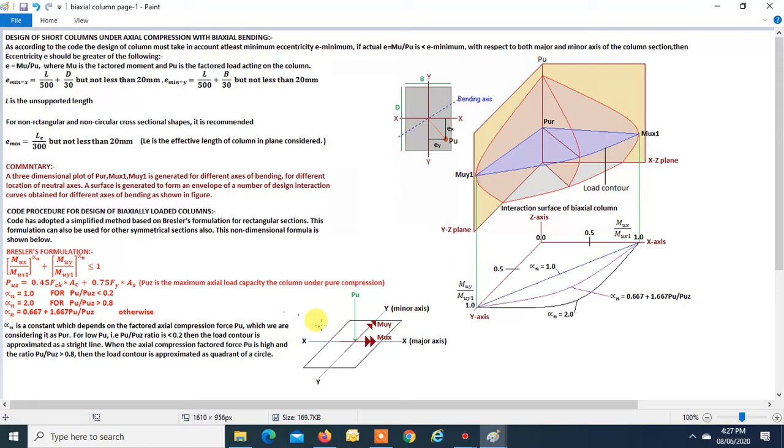This is the curve where alpha n is equal to 2, which will be a quadrant of a circle. For in-between values of the ratio Pu/Puz, you can find alpha n by this formula. What is Puz? Puz is found by this formula. Puz is the maximum axial load carrying capacity of the column under pure compression.